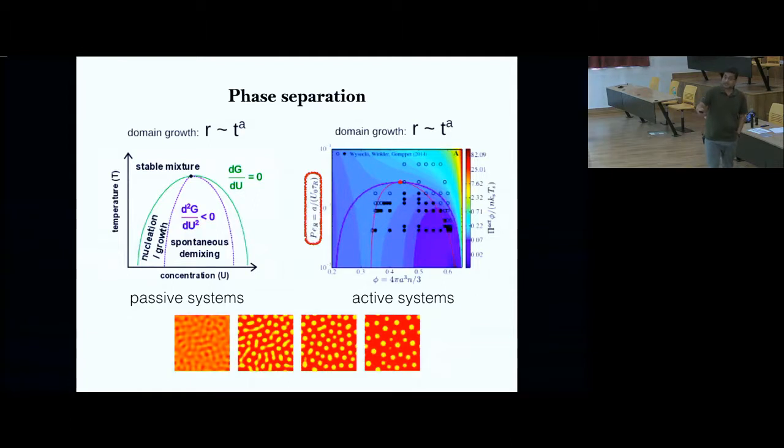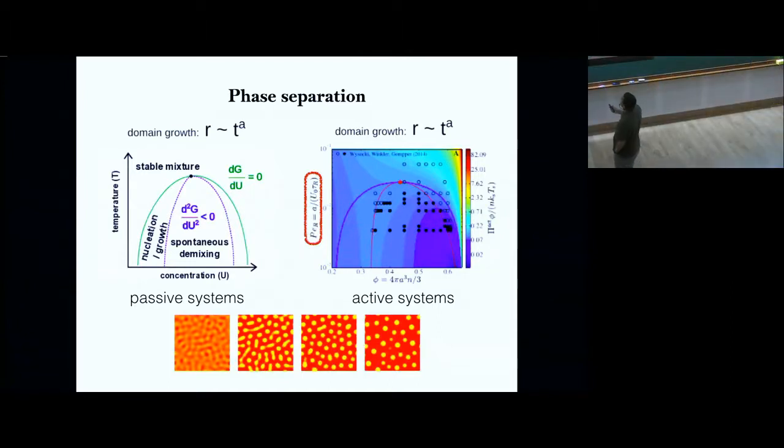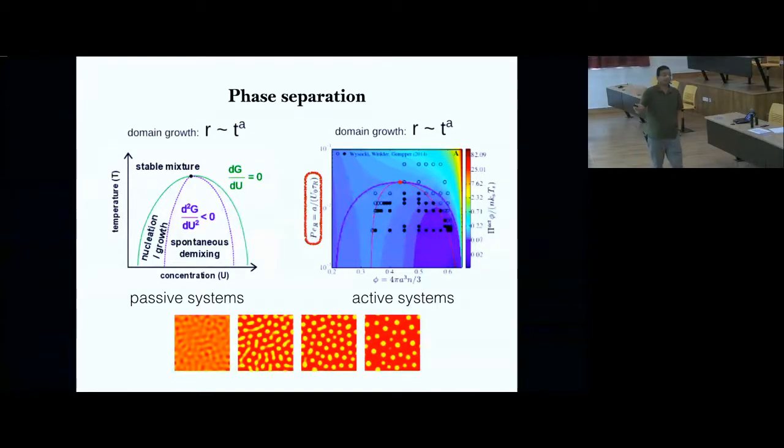Something like this has been proposed also for these active systems, and something like a Peclet number or an inverse Peclet number analogous to this temperature axis, giving rise to these phase-separated regions in one place of the phase region and not elsewhere, right? So the goal of what we attempted to do was ask if we can do something like this with this Myxococcus bacteria and put this aggregation of the fruiting body dynamics in this framework.